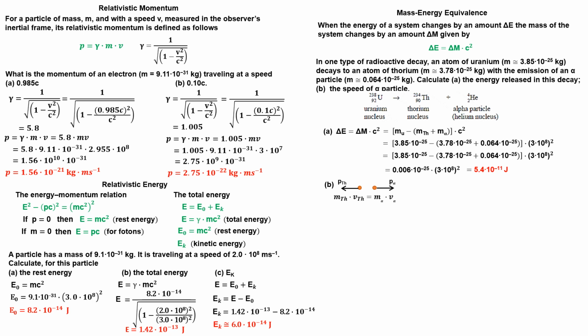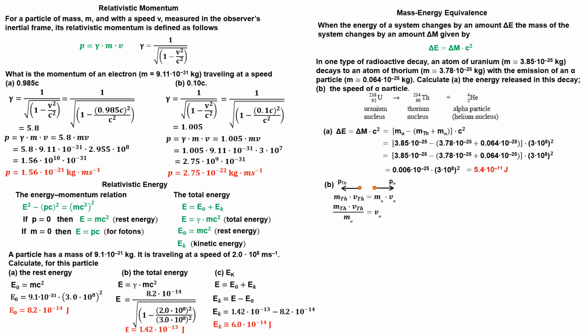You might be wondering why we are using the classical expression for momentum. We are using this expression because the velocities here are less than 40% of the speed of light, so there are no significant differences.